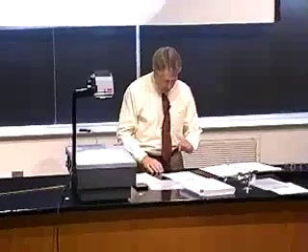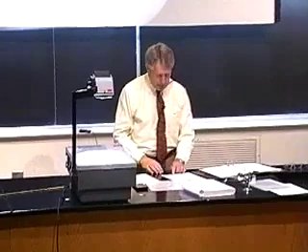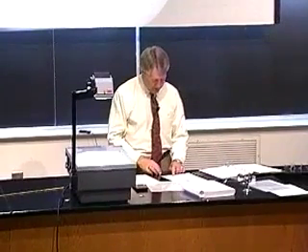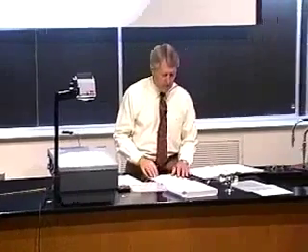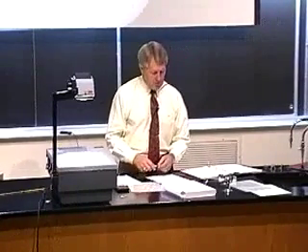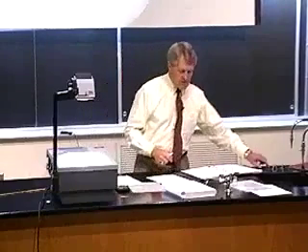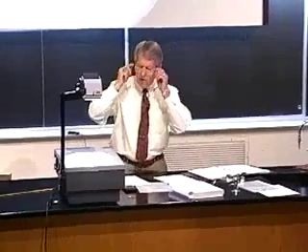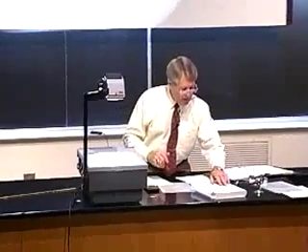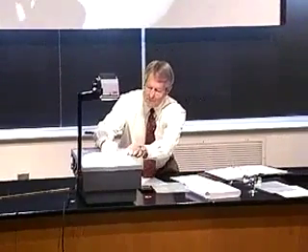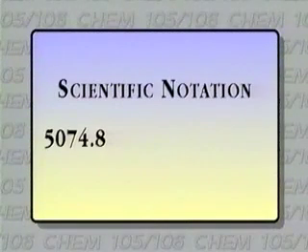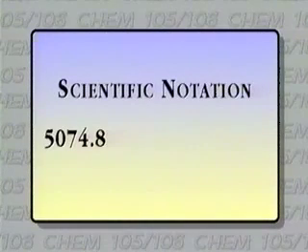And I think I had a problem to look at at the end of the chapter. Yes, I do. Problem number 7 at the end of the chapter, as an example of writing some numbers in scientific notation. I'll just go ahead and do that right on the bottom here. The first number is 507.48.